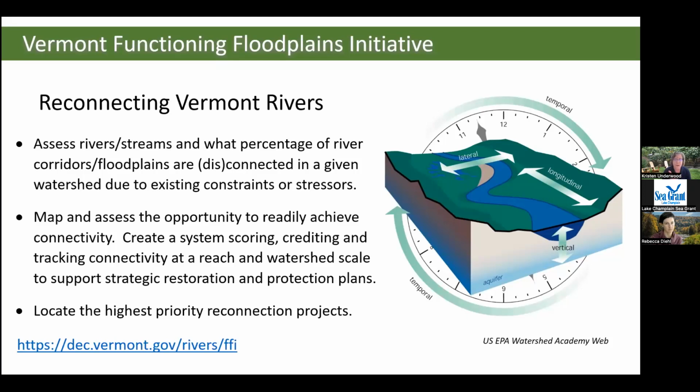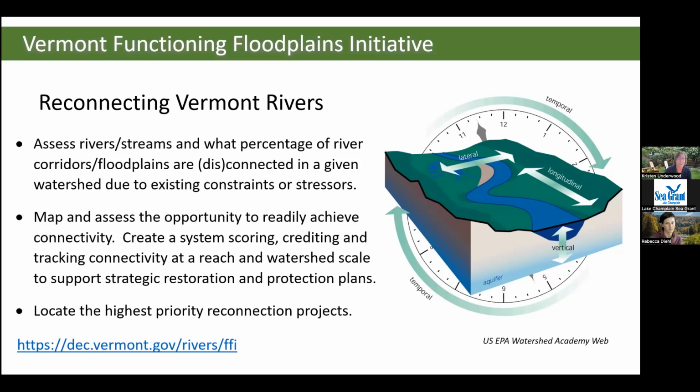Kind of a next generation river corridor planning effort, if you can think of it in that way. And so the overall goal of the FFI is to achieve the highest possible water quality, ecological integrity, and flood resilience by targeting our restoration and conservation projects where they can be most beneficial.